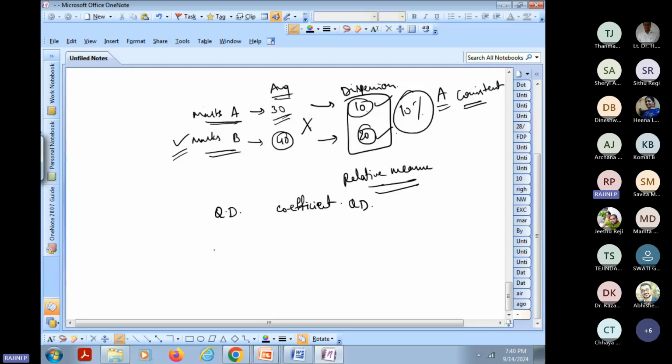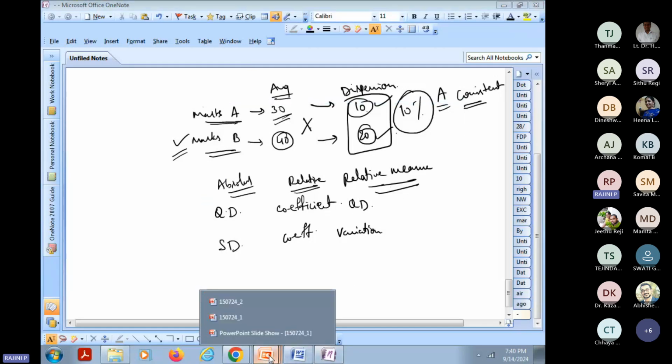And if the data is quantitative, apply the standard deviation to calculate the absolute value and the coefficient of variation for comparison. That means these two come under the absolute measures and these two come under the relative measures. So you need to know for which data, which method should be applied. With this, I'm ending the measures of dispersion.